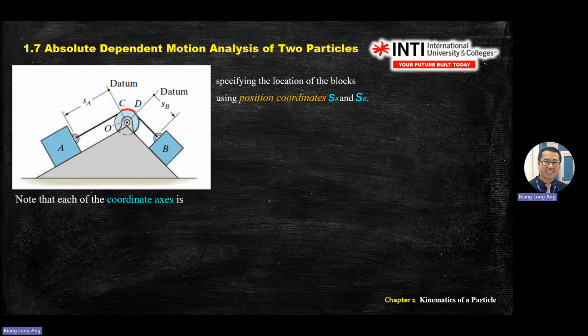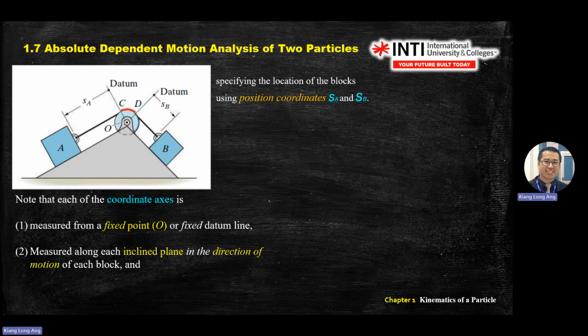And SB here is from B going down this line. So don't confuse between these two. Okay, A is A, B is B in this case. So in this section, when you look at dependent motion, you look at the individual object and then you compare what happens if you pull, then it will affect the other.